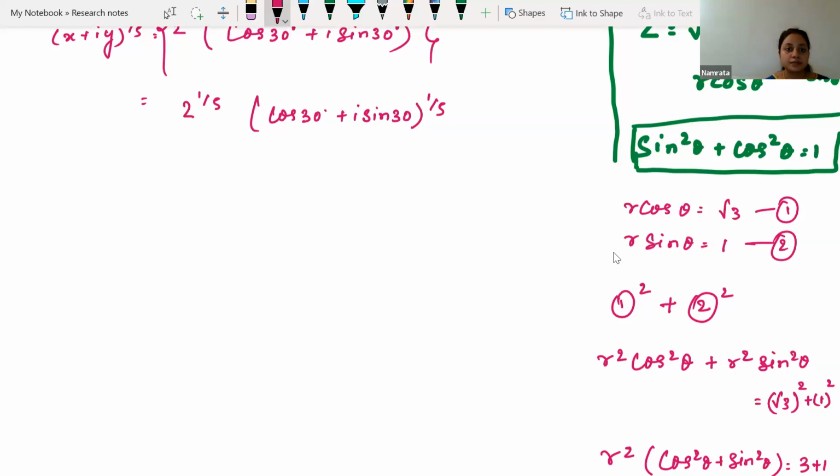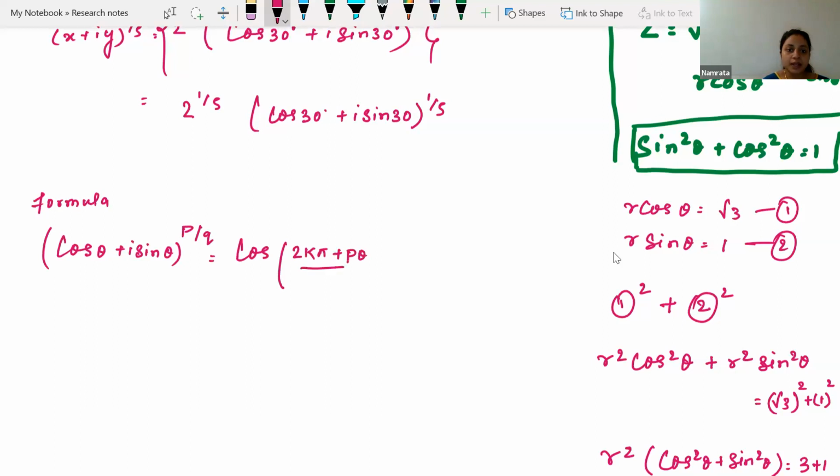Let me write the formula. We are having the formula that whenever cos theta plus i sin theta is having power p by q, where q is not equal to 0 and p and q are integers, then we can write it as cos of (2k pi plus p theta) by q plus i sin of (2k pi plus p theta) by q.